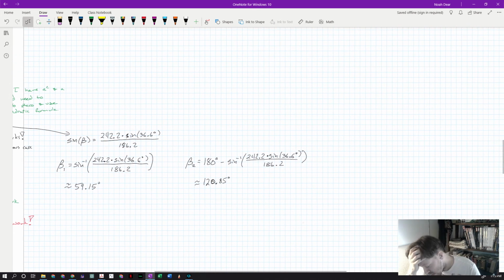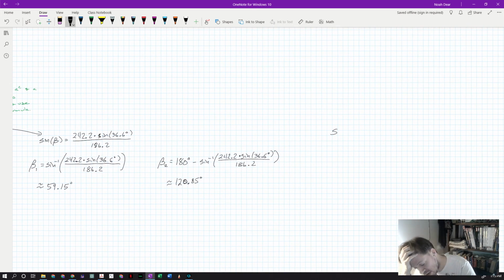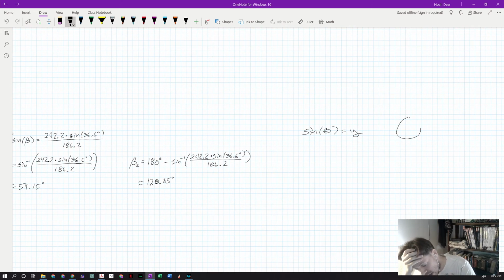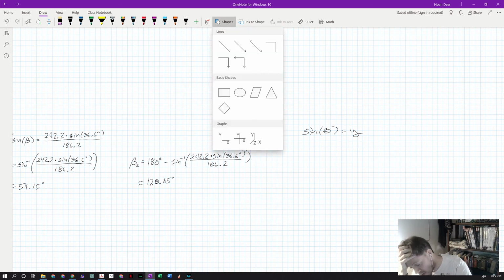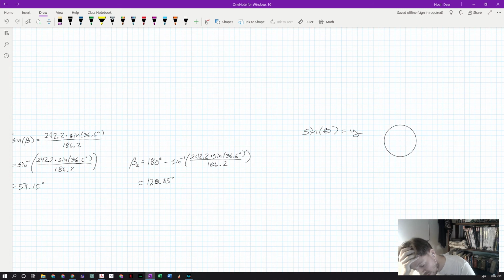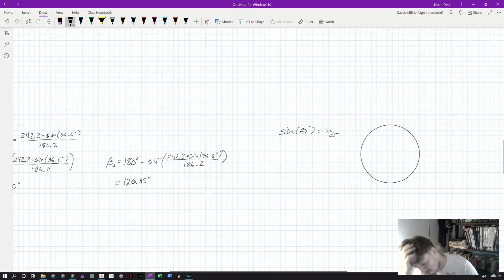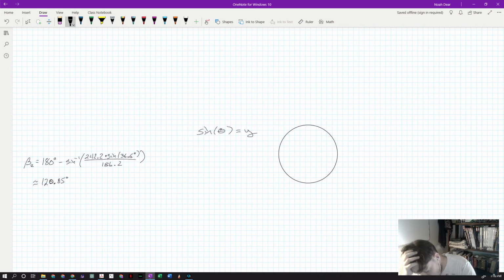Well, let's go back to just our definition of sine of an angle equals y on the unit circle. Okay. And we know that y is some positive value, and we know that the angle we're looking for is between 0 and 180 degrees. So the unit circle theory goes, I have some angle between 0 and 180 degrees.